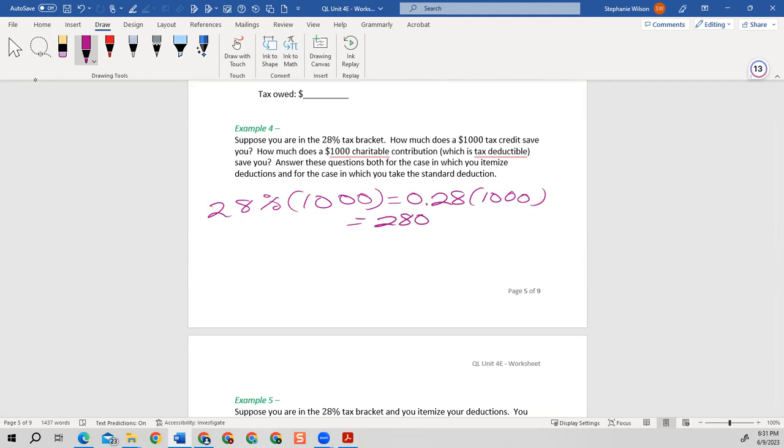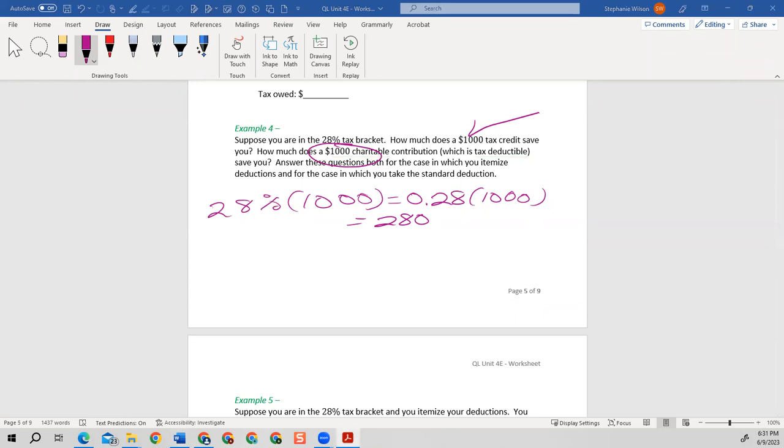However, you will save this $280 only if you are itemizing the deductions. So that's talking about the charity part. The tax credit saves you money right off. However, this $1,000 charity only saves you a portion if you qualify for itemizing. If you don't, you're going to stick with the standard deduction and you won't use the charity.